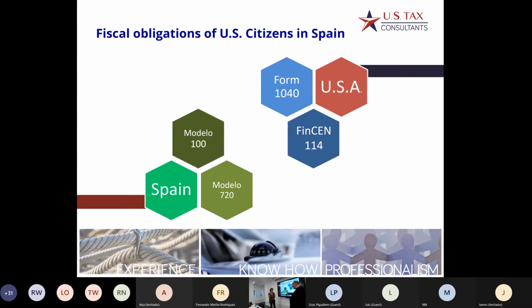And the other 2 are Spanish obligations: the Modelo 100 and Modelo 720. These are the 4 things that all the citizens have to fill out.